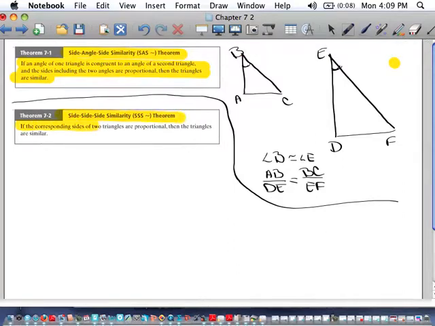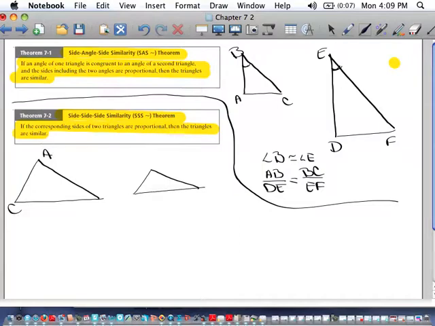If the corresponding sides of two triangles are proportional, then the triangles are similar. So when I look at this, again, let's say I have these two triangles, CAT and DOG. Let's say that triangle CAT is similar to triangle DOG.